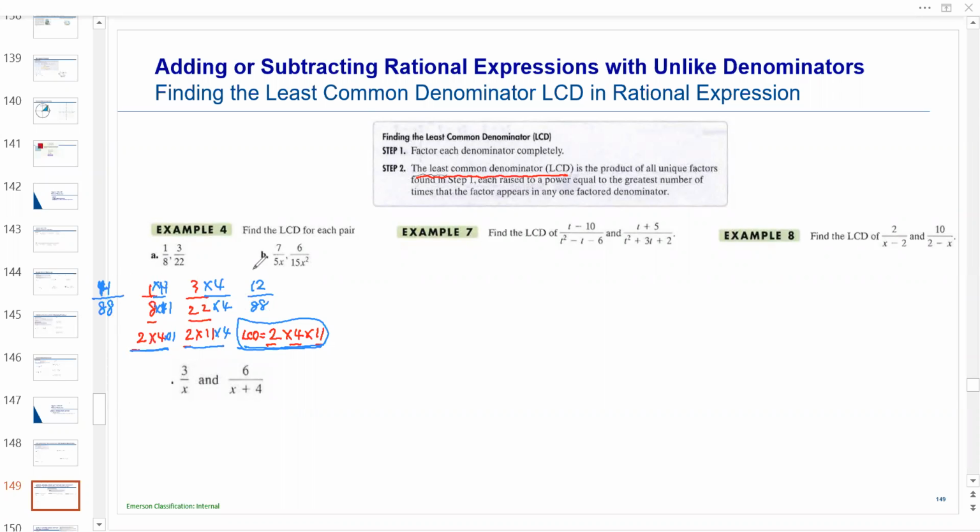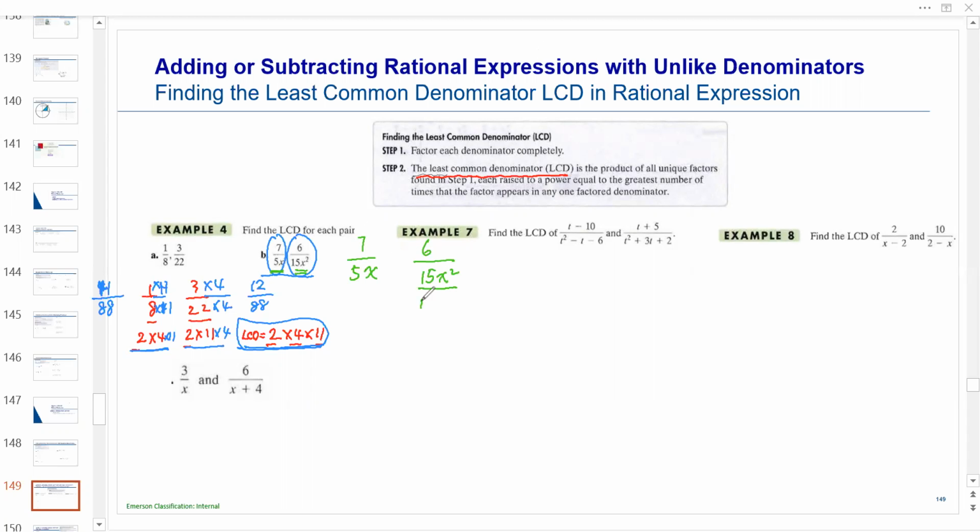The same applies to rational expressions. See this big example. This is one rational expression, this is the second rational expression. Right? So you can see the denominators are different. So what do we need to do? We need to make sure their denominators are the same. So here is 5x over 7. Here is 6 over 15x squared.